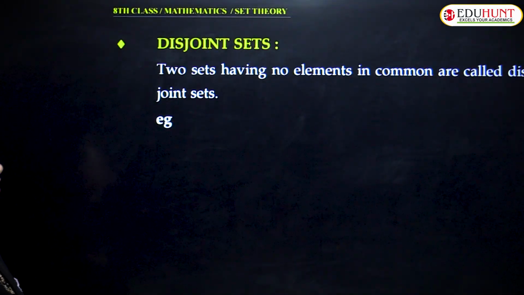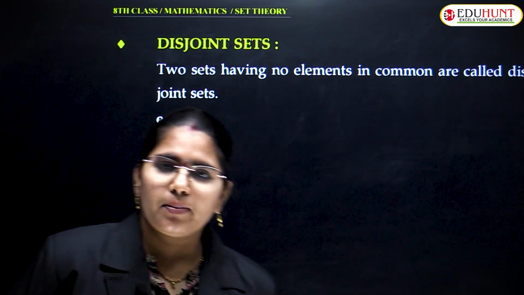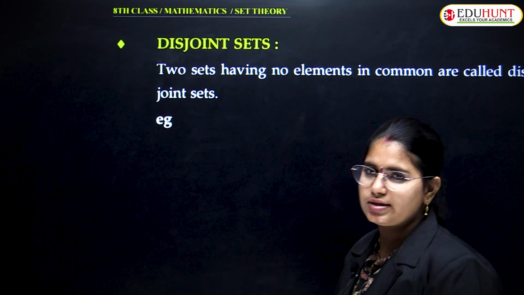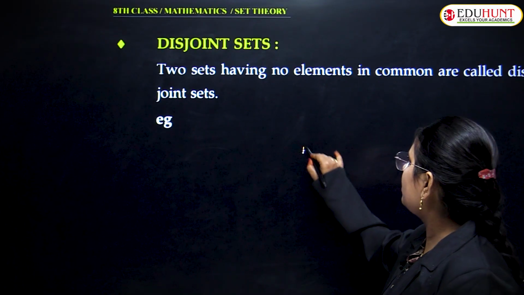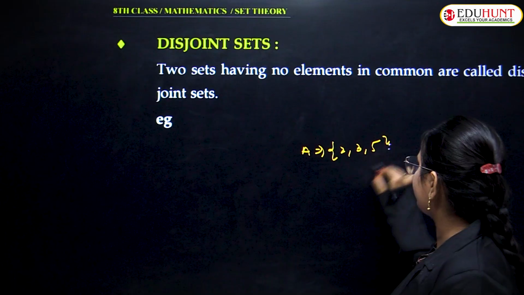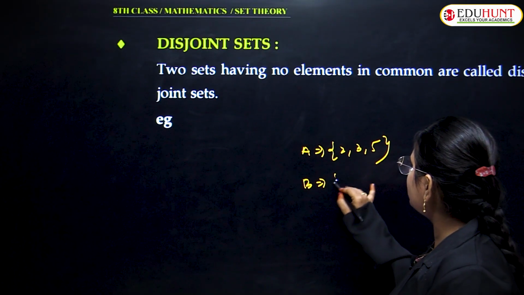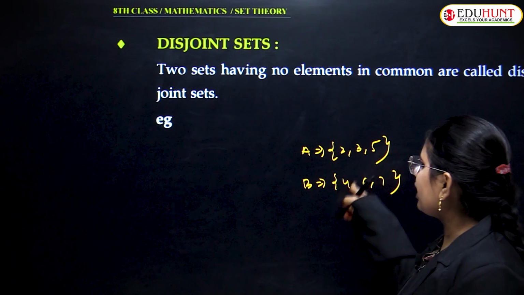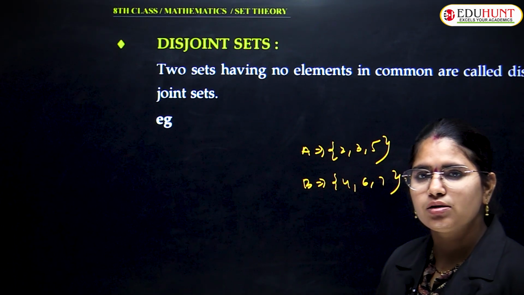Okay. Next we'll talk about disjoint sets. What are disjoint sets? For example, A is equal to {2, 3, 5} and B is equal to {4, 6, 7}.